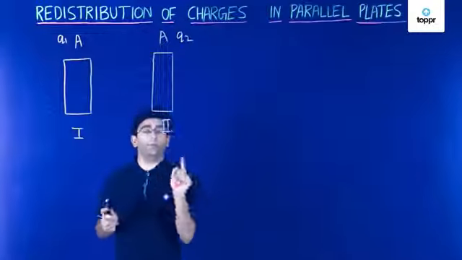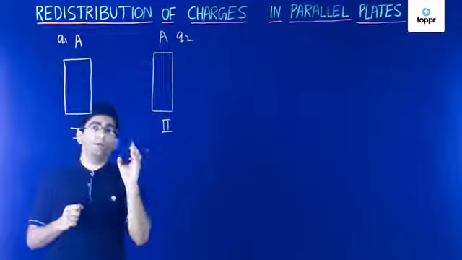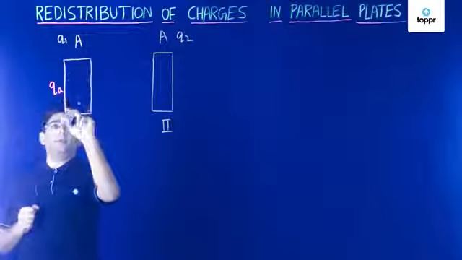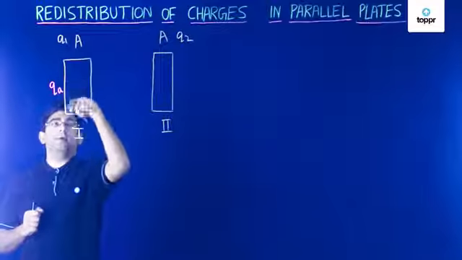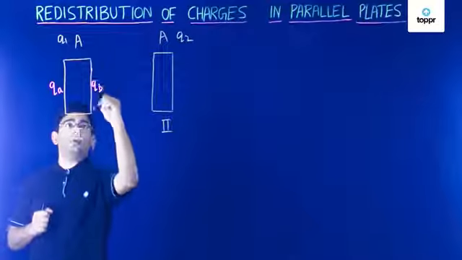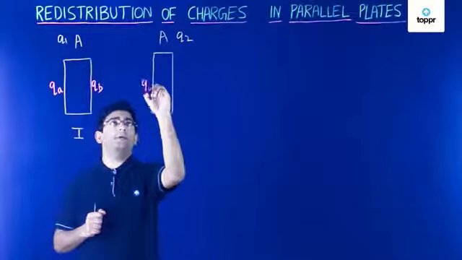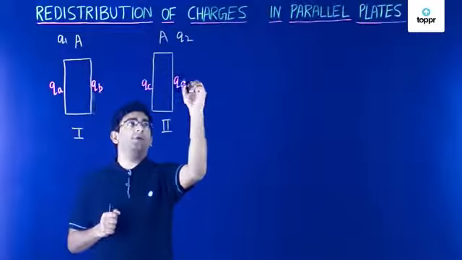Now after redistribution of charges, let us say on the different surfaces of the plates, we assume the charges: QA is the charge on this surface of plate 1, and QB is the surface charge on this other surface. On the second plate, QC is the charge over here, and on this outer surface QD is the charge.